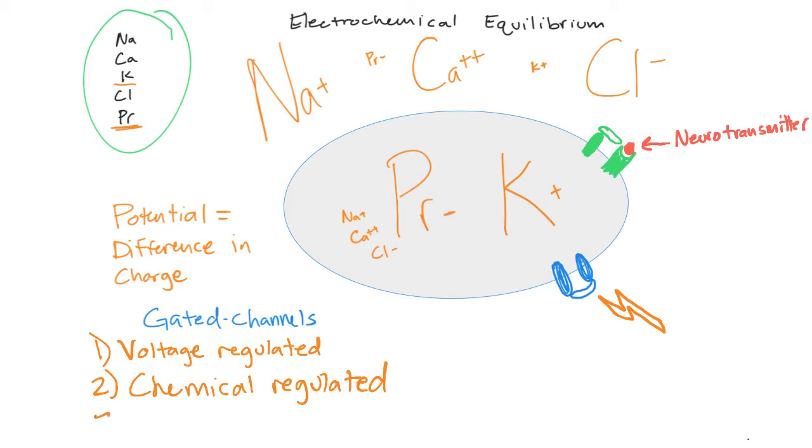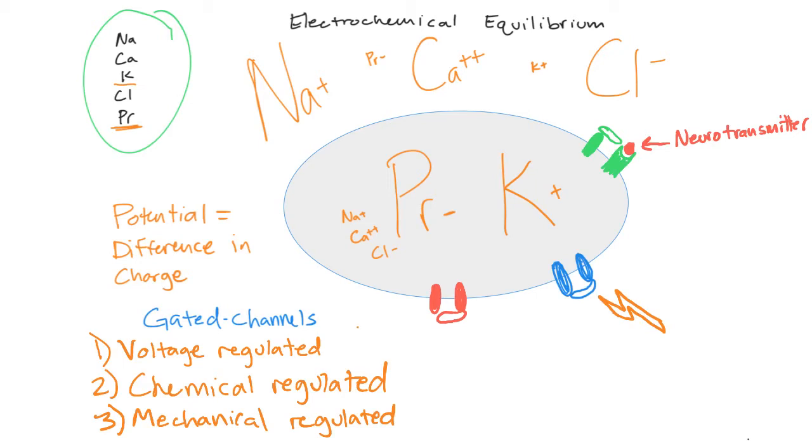And our third type, which we talked about in the quiz, is mechanical, where some sort of physical deformation or pressure on the cell membrane will cause it to open.